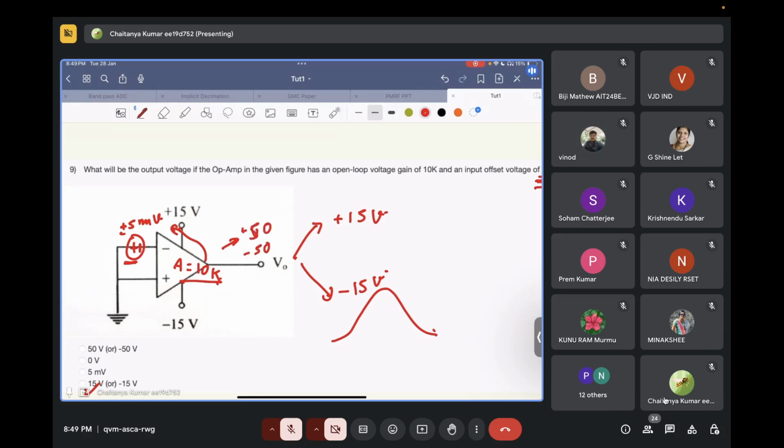Now, plus 50 and minus 50, this voltage can't go because the supply voltage is limited to either plus 15 or minus 15. So the op amp will saturate to either plus 15 or minus 15. Okay.